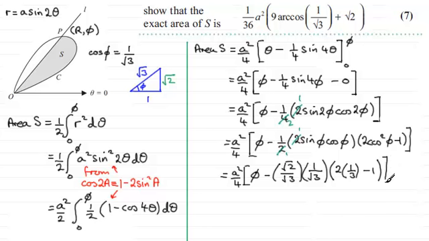So what we've got then is that this is equal to, in fact I'll come over here, I think we're going to need a bit more room actually. This is equal to a squared over 4 multiplied with phi. And here we've got 2/3 minus 1, so that's minus 1/3.